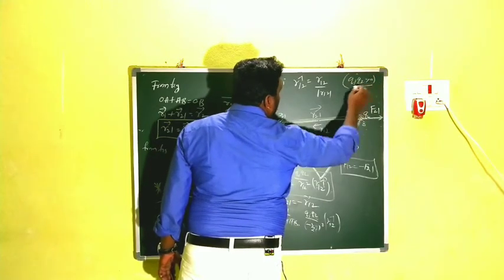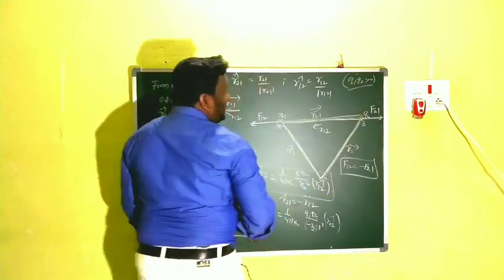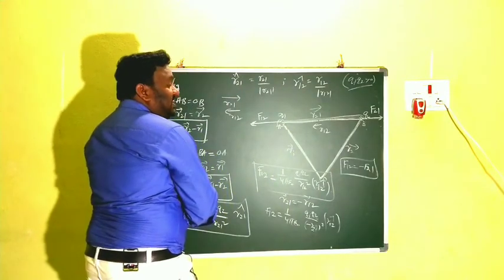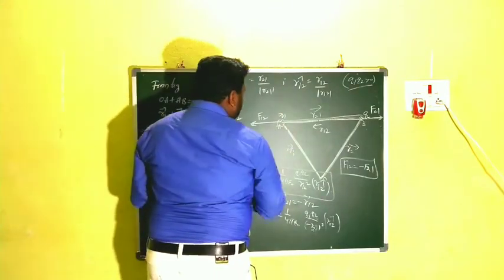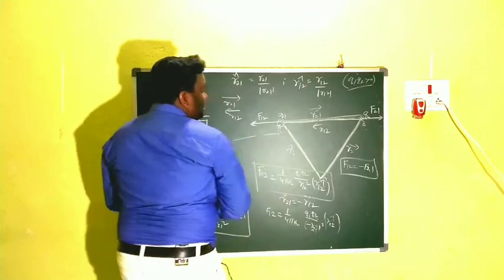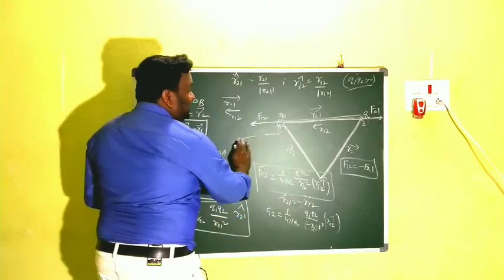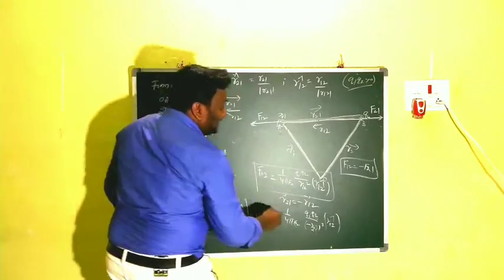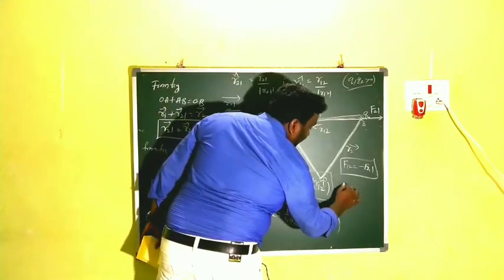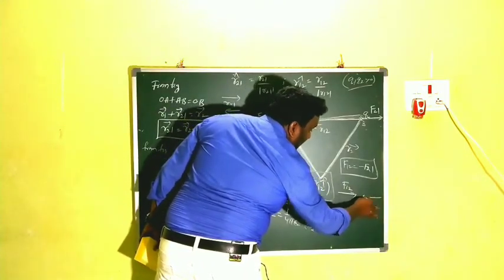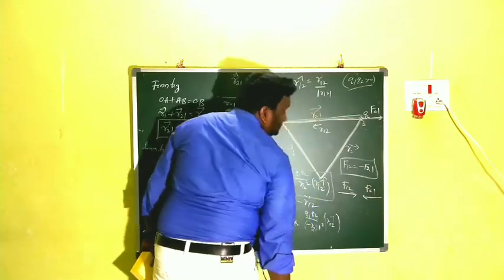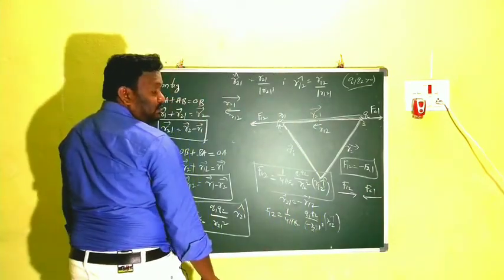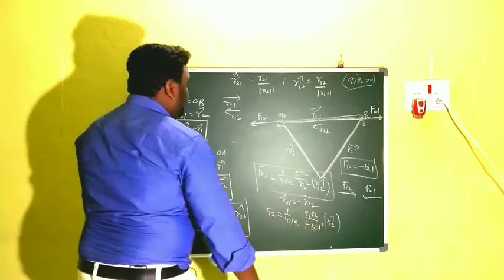When it is greater than 0, both are similar charges, and similar charges have repulsive force only. That's why they are shown in opposite directions. If they are unlike charges, we will show F12 in this direction and F21 in this direction. Clear? I will tell you later more clearly.